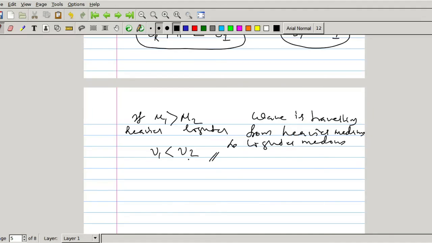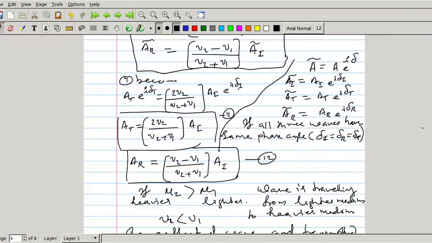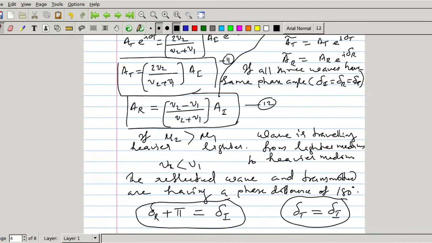Velocity in the first medium is less compared to velocity in the second medium. So V2 minus V1 is positive. If V2 minus V1 is positive, AR is equal to AI. The phase of the reflected wave is the same as the phase of the incident wave, and the phase of the transmitted wave is the same as the phase of the incident wave.